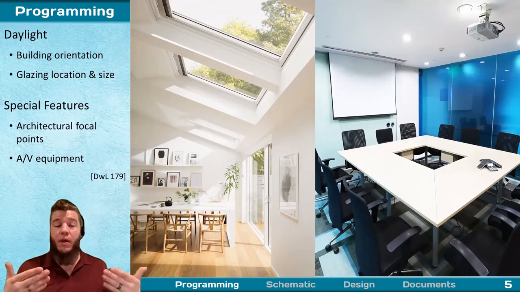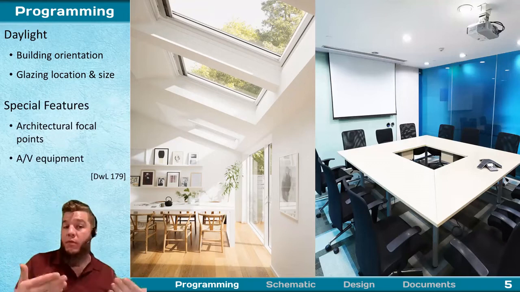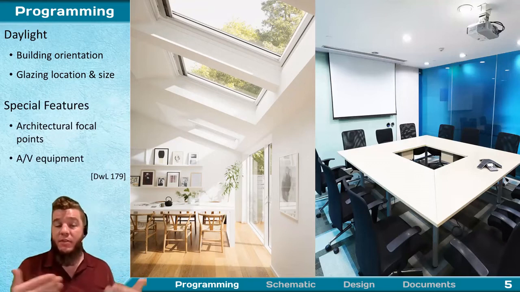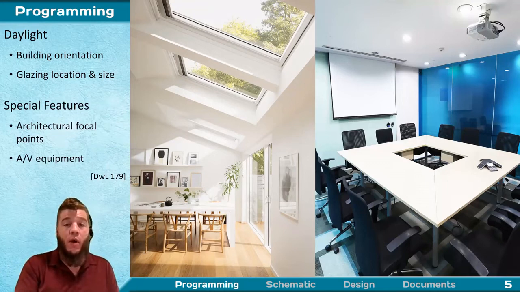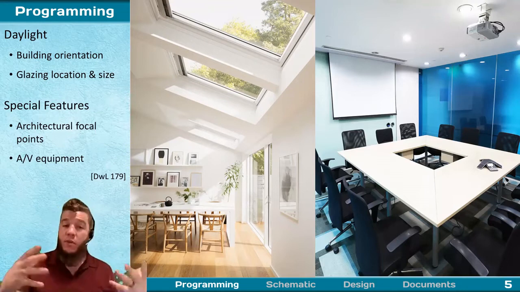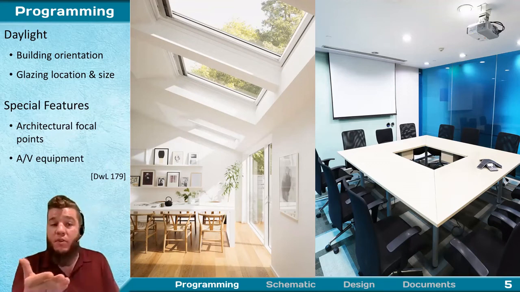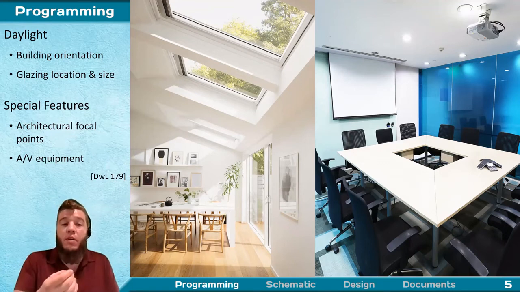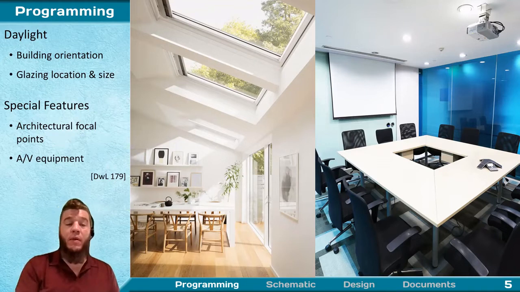So if you have a feature wall, if you have intended installation places for artwork, or if you just have a particularly beautiful lobby with a well-designed staircase or designed columns, you need to understand those architectural focal points and discuss those things with your architect so you can properly highlight his design work.